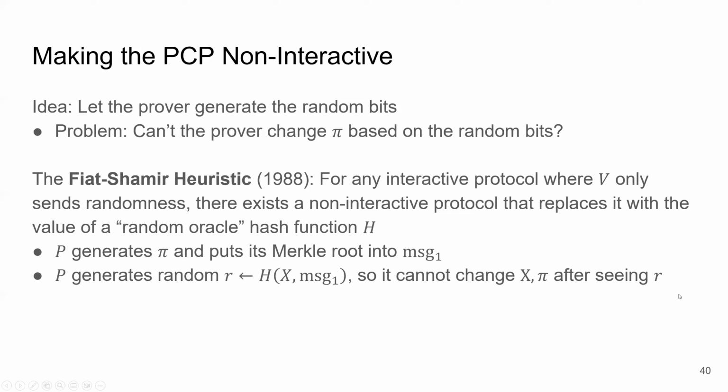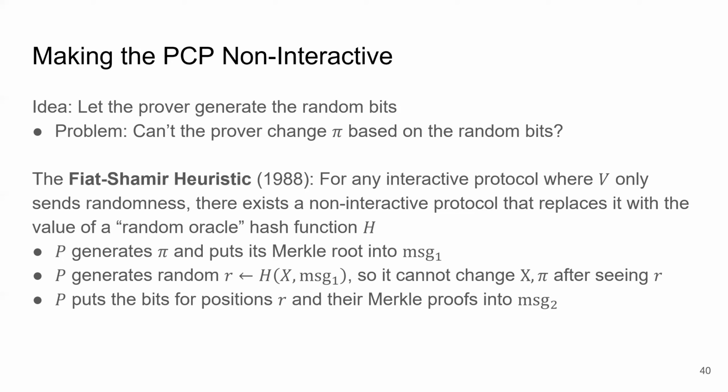Then, after the prover has generated this first random bit, per se, the prover will take the bits that this random bit is querying from its proof. It'll take the bits for those positions, take their Merkle proofs and label all that information into a string called message2.